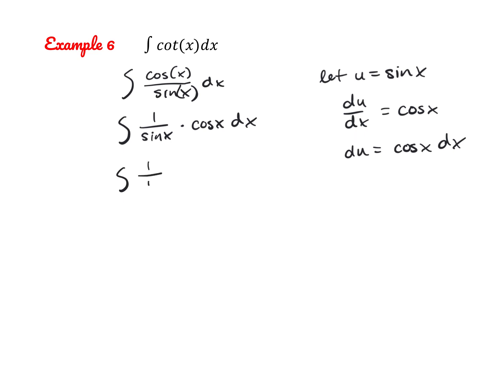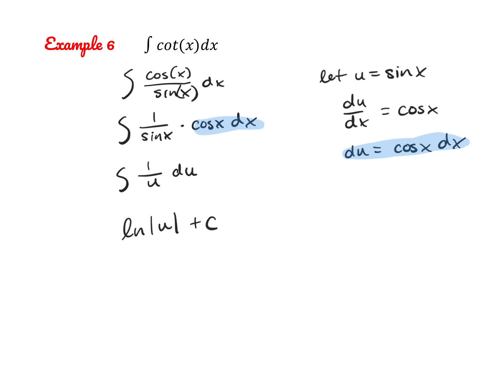So we can do our substitution. We have 1 over u, and all of this right here we're going to substitute with du. So we have 1 over u du, and then we can evaluate this integral. We know that if your end result is 1 over u, that comes from the natural log of u.